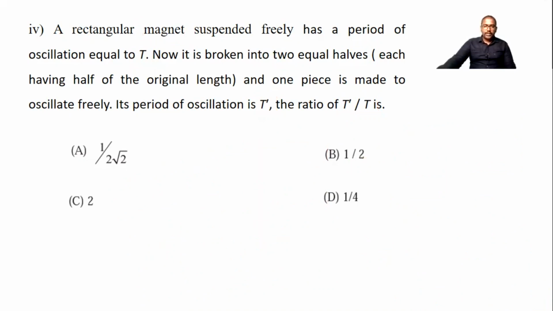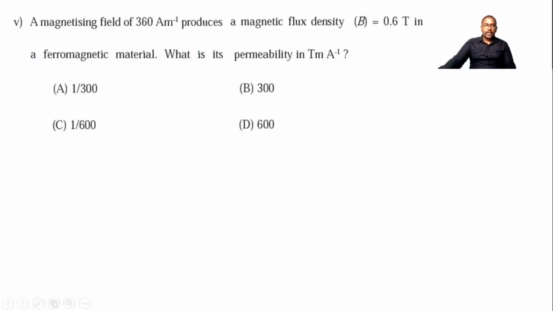Now after that, next one. A magnetizing field of 360 ampere per meter produces a magnetic flux density of 0.6 Tesla in a ferromagnetic material. What is the permeability?